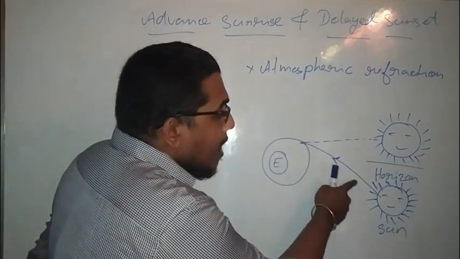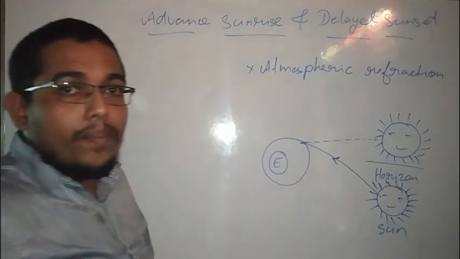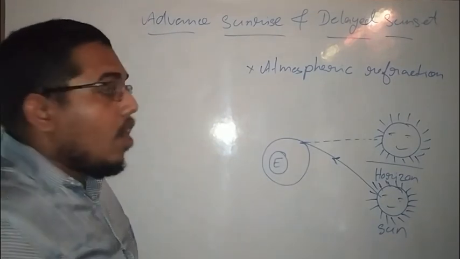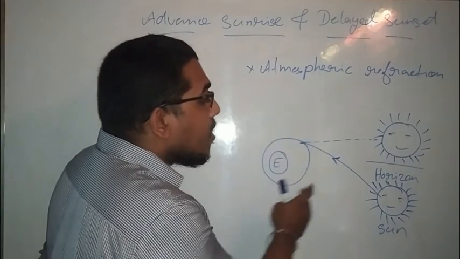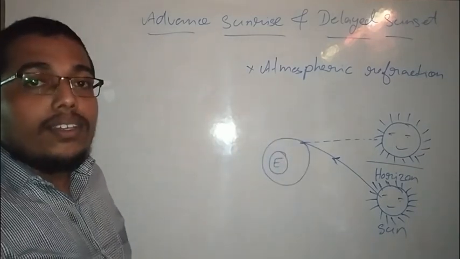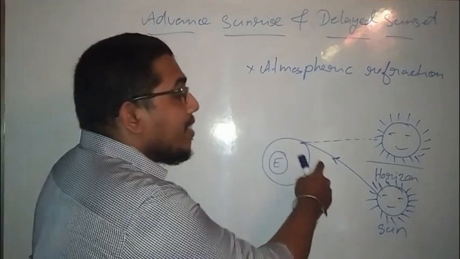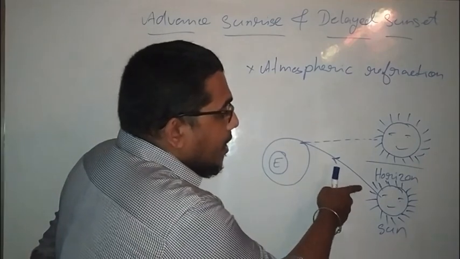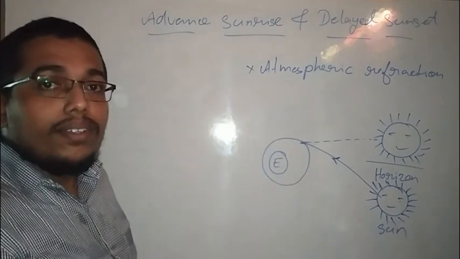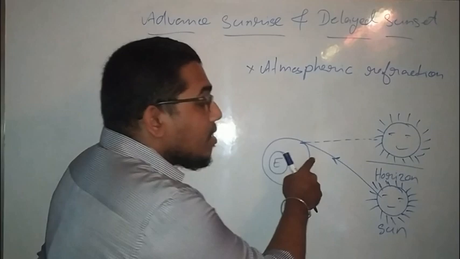While moving from that region towards Earth, the optical density is increasing, or near this Earth surface, the atmosphere is optically denser, which means the denser air refracts the light more.